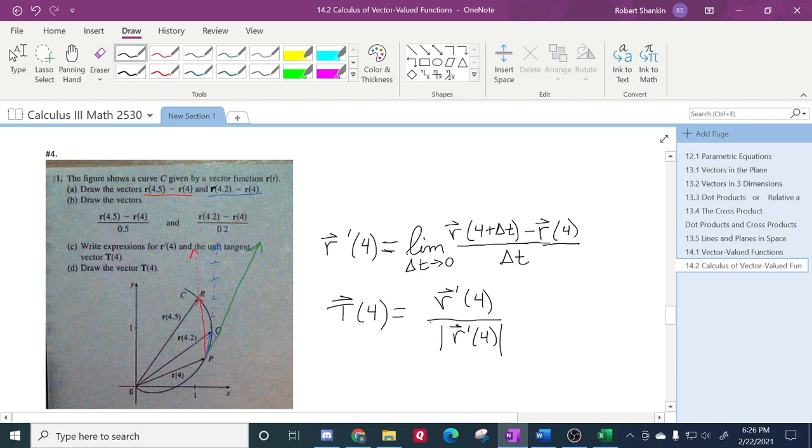Okay. And then draw the vector T4. Let me give you a quick minute to figure out how you would draw T4.